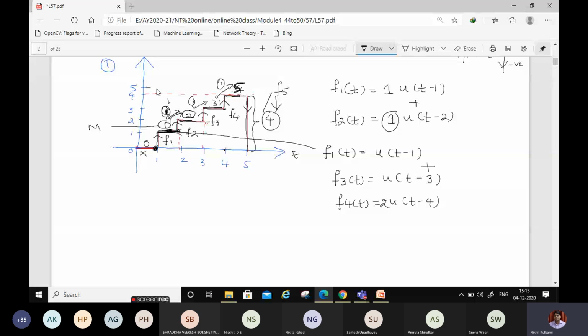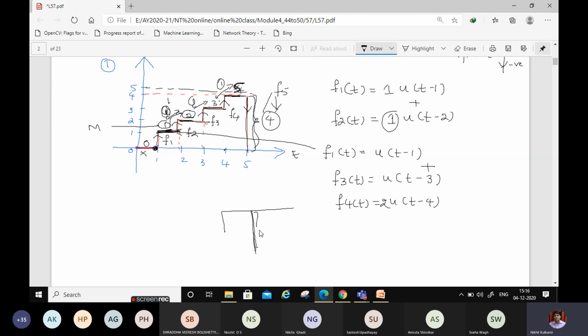Now if you consider the magnitude to be 5, from here to here, how much is the difference? You have to end it. The signal is starting at 4 and it is continuing, but you have to end it at 5. You have to bring it to 0.